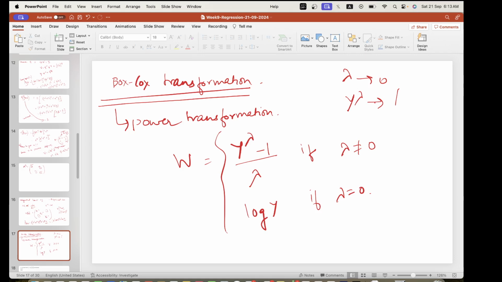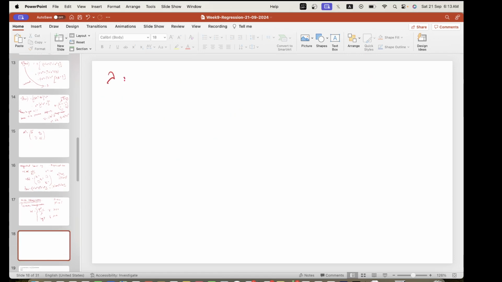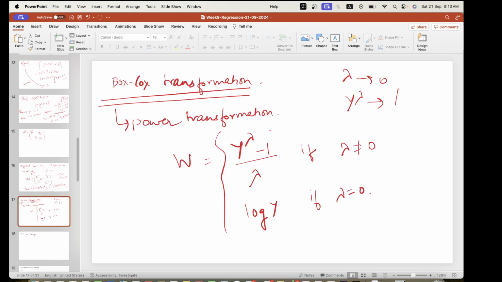But another disadvantage of using this function is that if lambda is too large. This case was lambda is too small, then we have this problem.